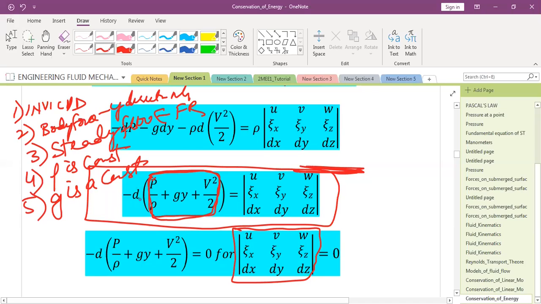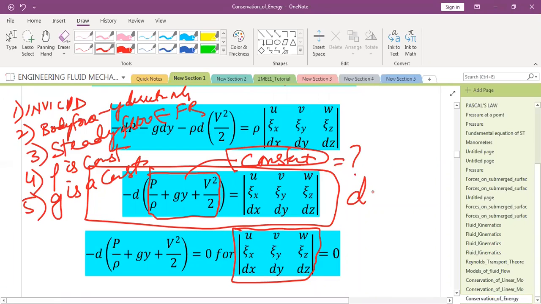My point is, here something is written down as derivative of something is equal to some value. Determinant will give you a scalar value only. So for this term in the parenthesis to be a constant, what should be satisfied? If I say dfx is equal to something, say I want to say fx is a constant.